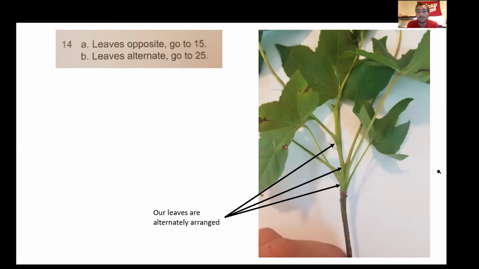Remember, a node is any point that a leaf emerges from the stem. Because they're alternate, we'll go to 25. You'll remember that in Tree Finder, we only had illustrations that showed us where to go within the key. This one is numbered, and I think it is a lot easier to follow. I think a number is a lot easier to find than an illustration among illustrations that look the same.